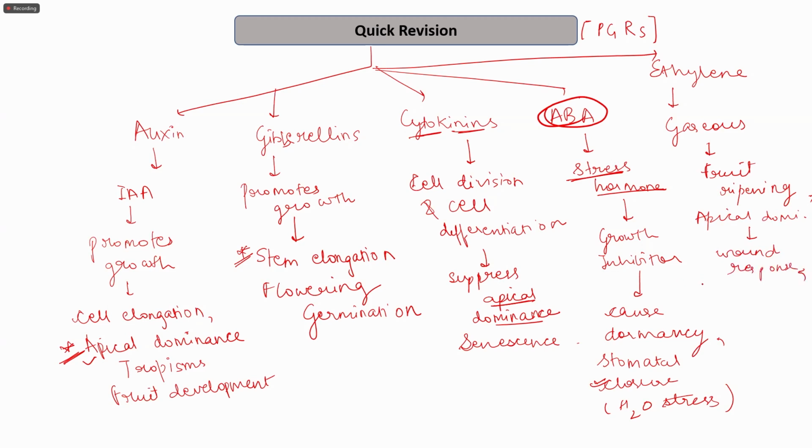And it has an important role in thigmotropism, which is the response to mechanical stress, and it also has a function in senescence. While auxin prevents abscission, that is the falling of leaves, and senescence.